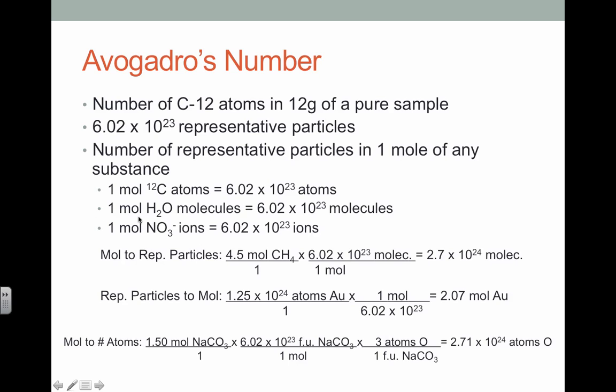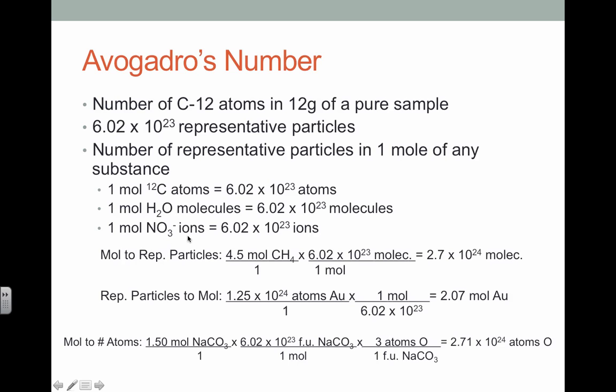We can also have a mole of water molecules, and if I have a mole's worth of water molecules, that's referring to the molecule as a unit, not the individual atoms in the water. So I can also say I have 6.02 times 10 to the 23rd molecules of water. So molecule can also be a representative particle. We also have nitrate ions.